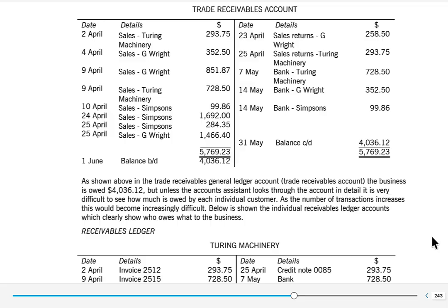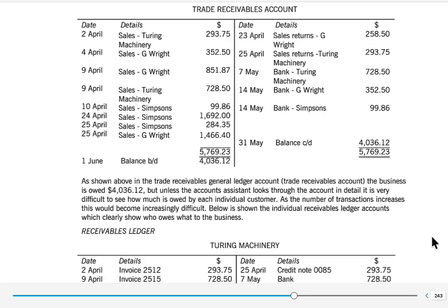Part 1. The trade receivables control account, explained clearly. The trade receivables control account is the summary account in the general ledger. It answers one question only: how much do customers owe the business in total? In this example, the control account shows: on the debit side, the gross invoices raised in April, customer by customer, invoice by invoice.